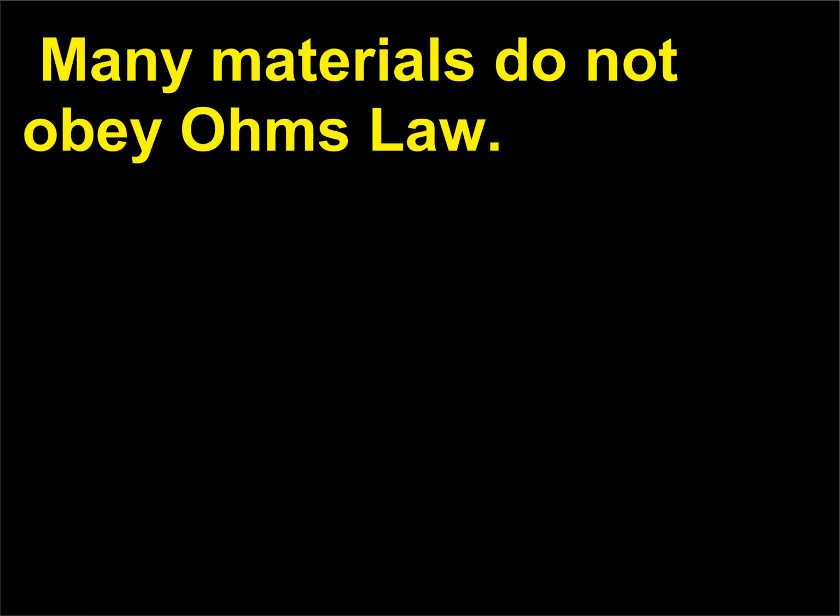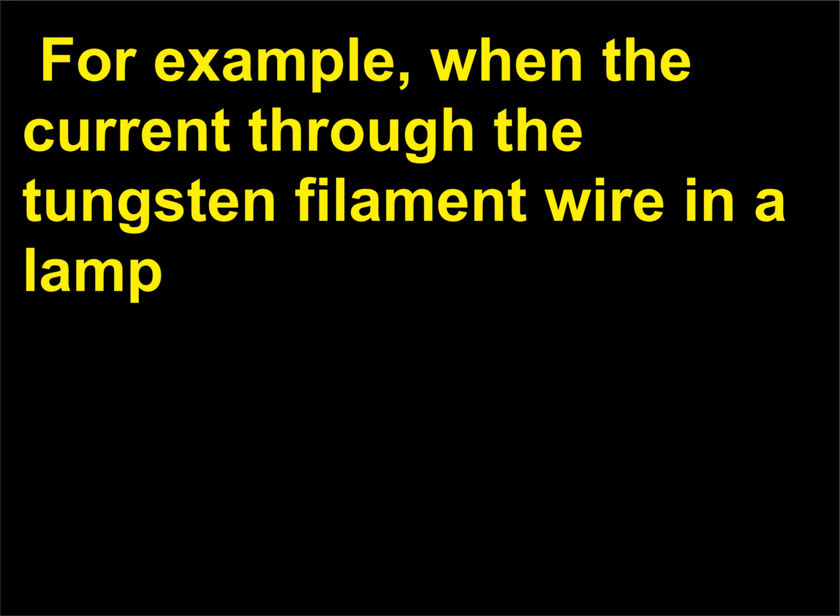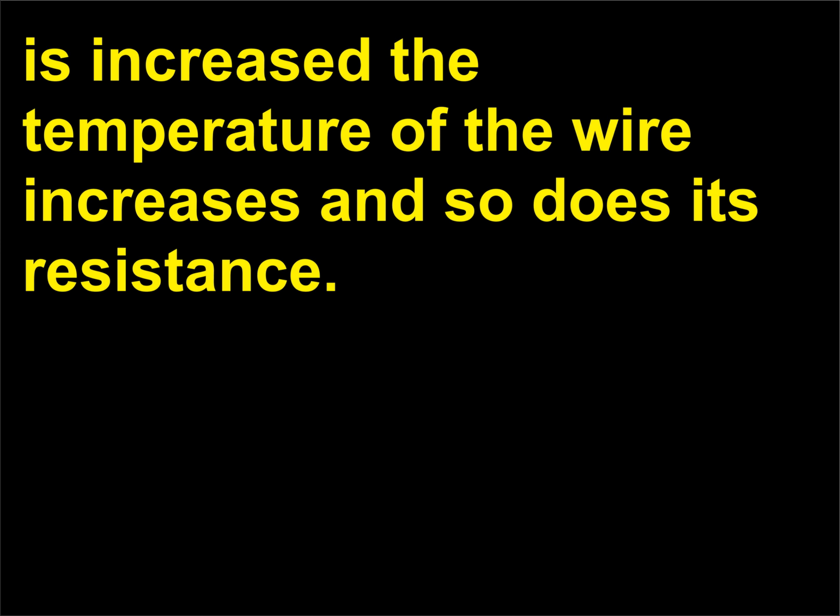Many materials do not obey Ohm's law. For example, when the current through the tungsten filament wire in a lamp is increased, the temperature of the wire increases and so does its resistance.